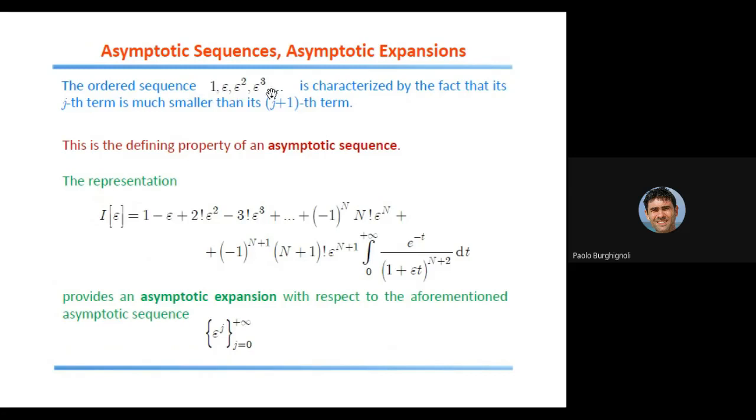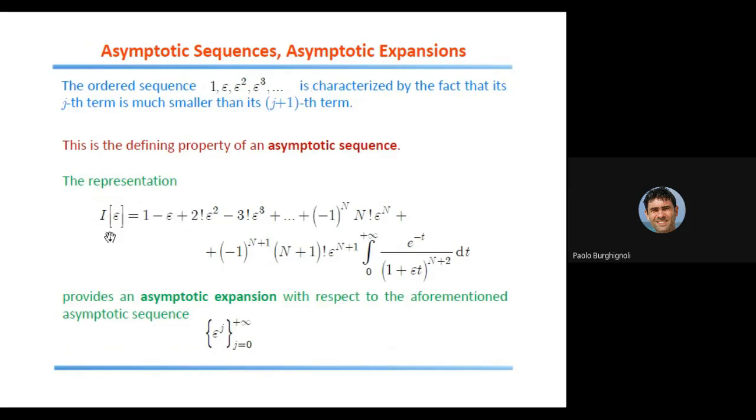So they are increasing powers of epsilon, and each is much smaller than the previous one. And this, by definition, is an asymptotic sequence. So an asymptotic sequence is exactly a sequence of functions which behaves in this way. The next one is much smaller than the previous one.